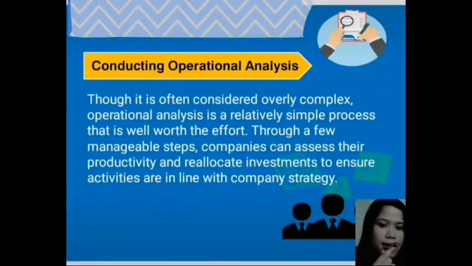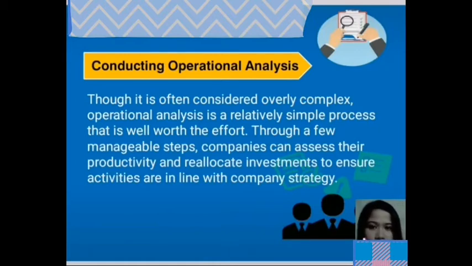Conducting operational analysis. Though some consider operational analysis complex or complicated because it is difficult to understand or analyze, its process is simple. Through a few manageable steps, the company can assess their productivity. Productivity is the efficiency of production.